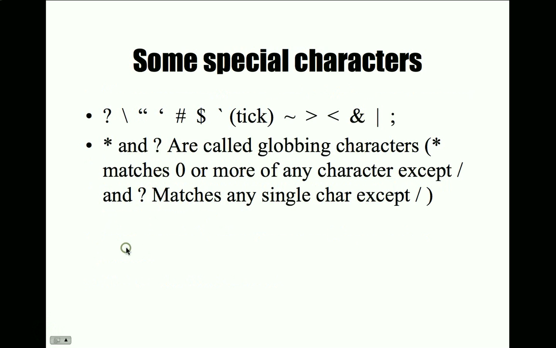Okay, spoke about VI. Some special characters that Unix is using. We mentioned the question mark, and we mentioned the asterisk. That's also called a globbing character, and there are a few more that we'll see over here.